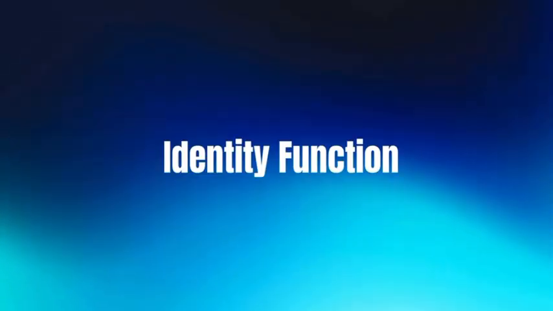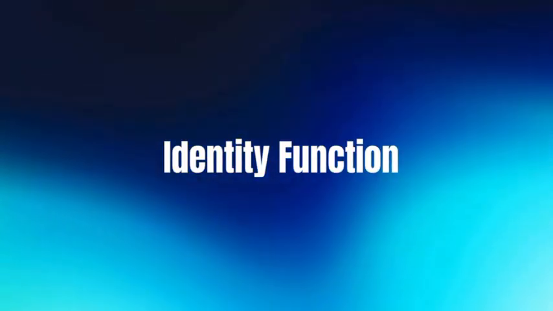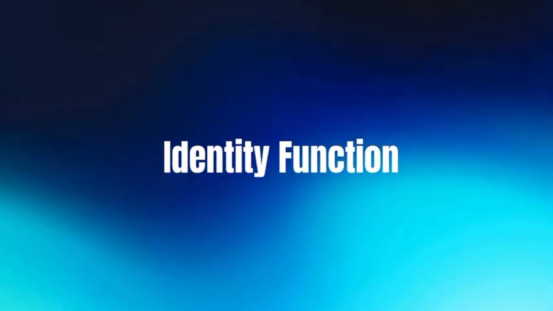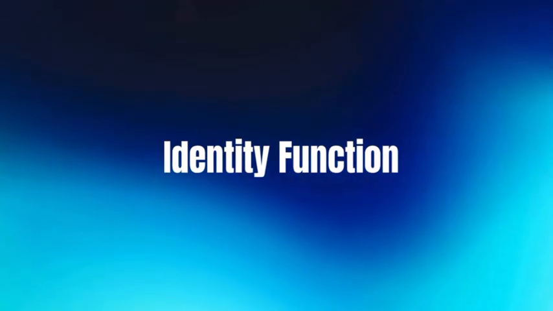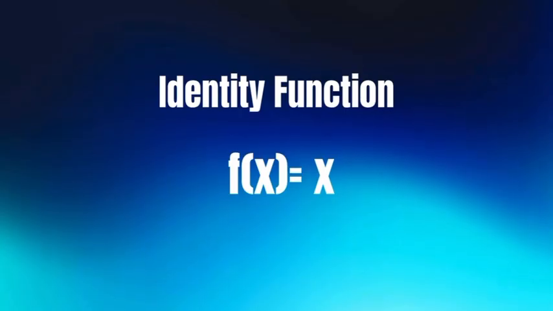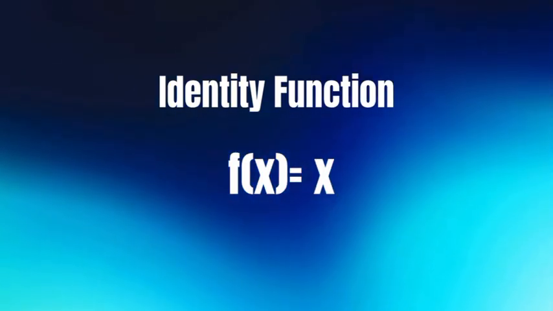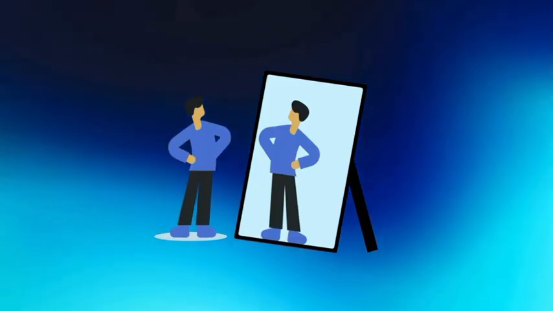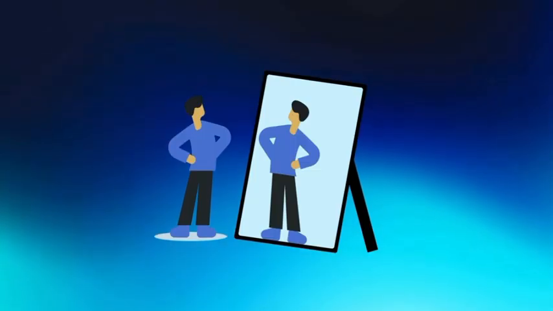Next is identity function. Its role is very simple. Whatever you put in, you get the exact same thing out. Mathematically, we write this as f(x) = x. Imagine a mirror. If you stand in front of it, the reflection you see is exactly you, not taller or not shorter.